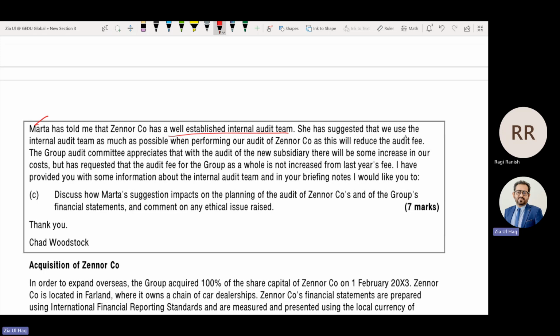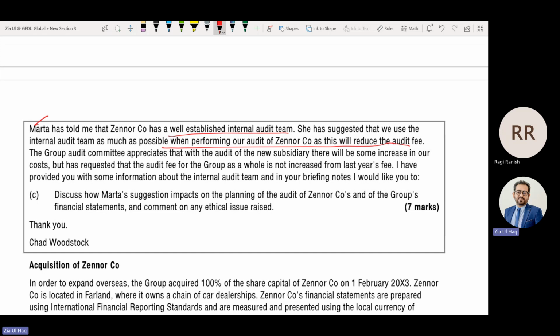She has suggested that we use the internal audit team as much as possible when performing the audit of Zanner company, as this will reduce the audit fee. Whether we should rely on the work of the internal auditor or not is the decision of the external auditor, not the company management. They cannot influence us.